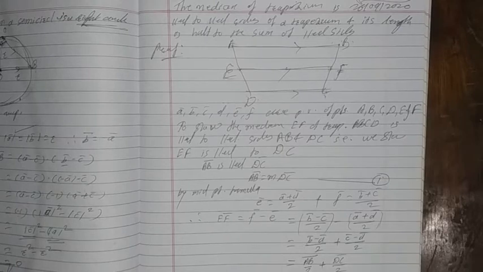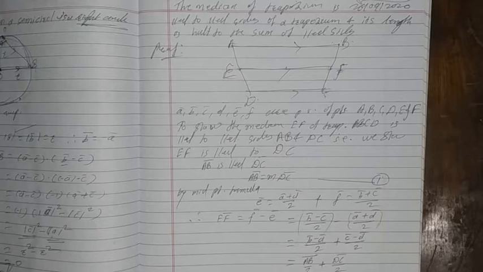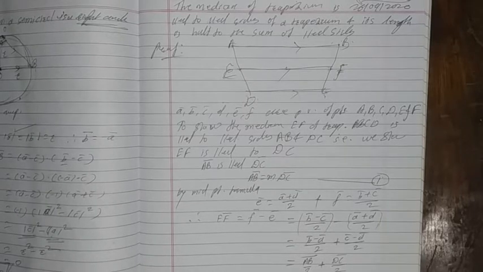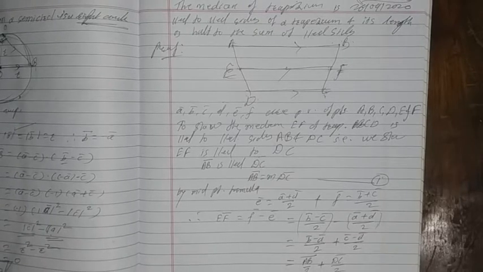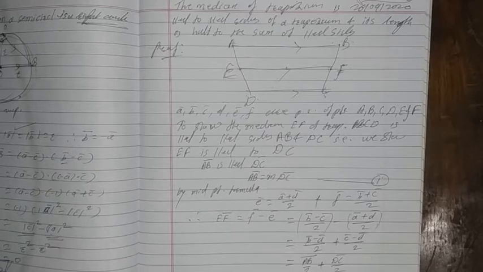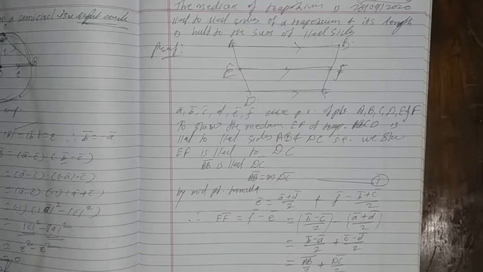Now m is a scalar, therefore (m plus 1) by 2 is a scalar. One vector equals a scalar multiple of another vector, so the two vectors are parallel to each other. We know this from the definition of collinear or parallel vectors. Therefore, with (m plus 1) by 2 equal to k, vector EF is equal to k into vector DC. Therefore vector EF and vector DC are parallel to each other.